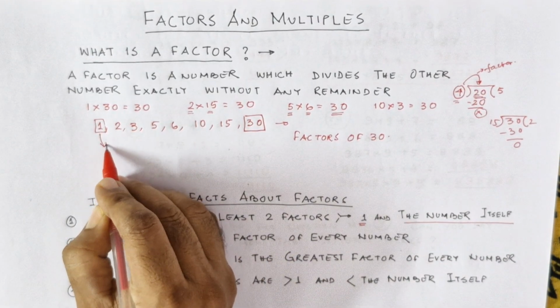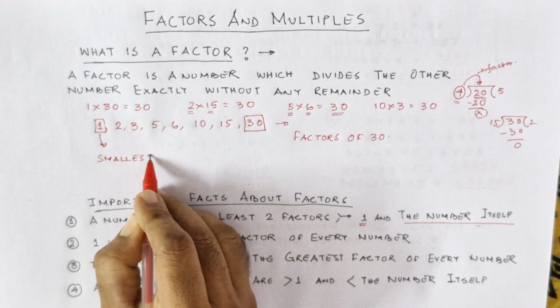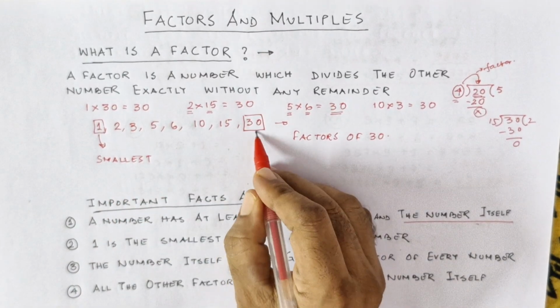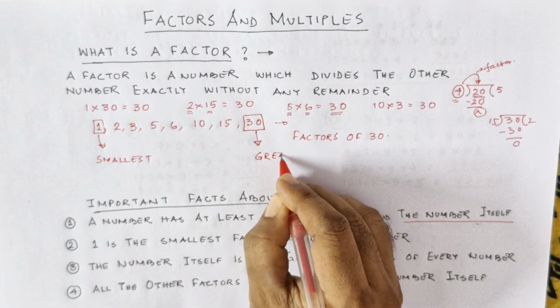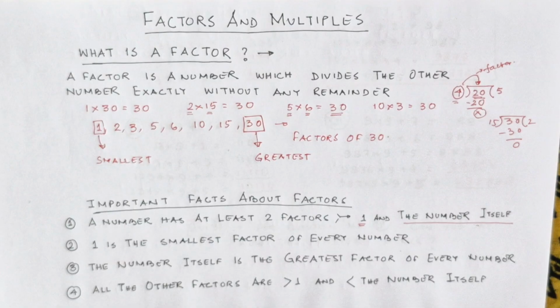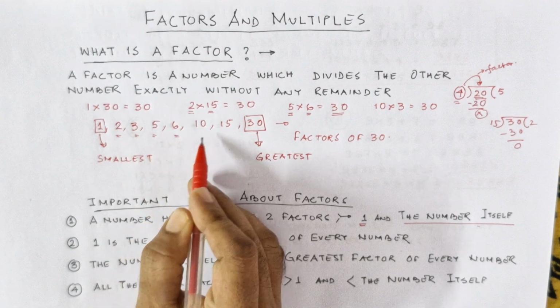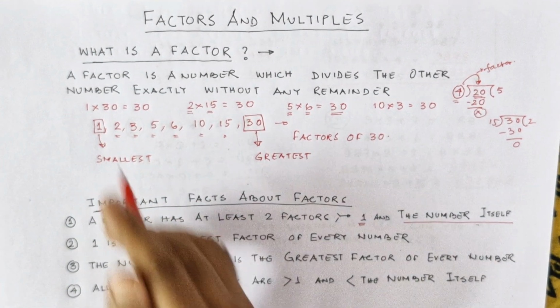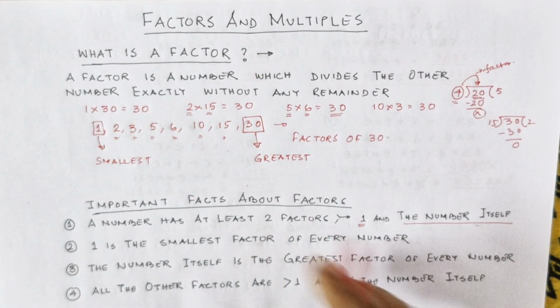1 is the smallest factor, and the number itself is the greatest factor. All other factors are greater than 1 and lesser than the number itself.